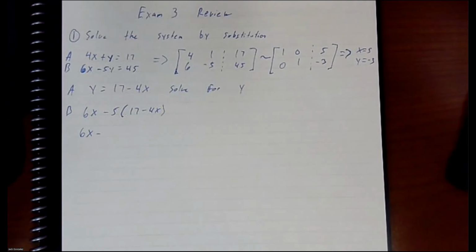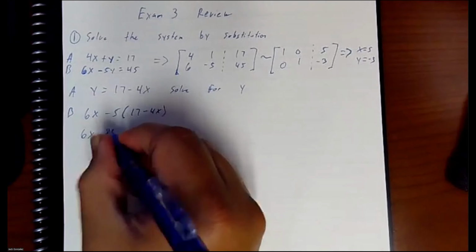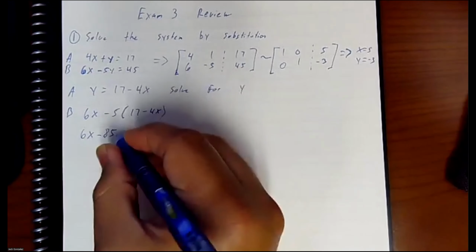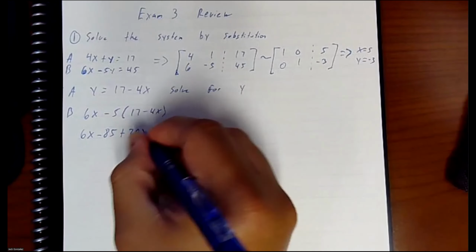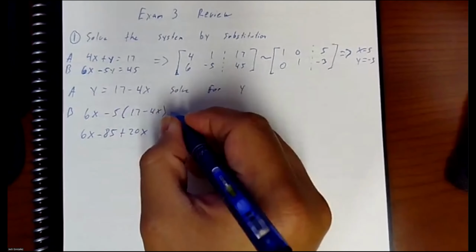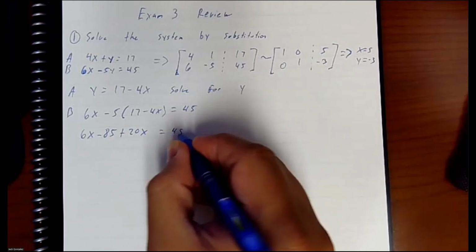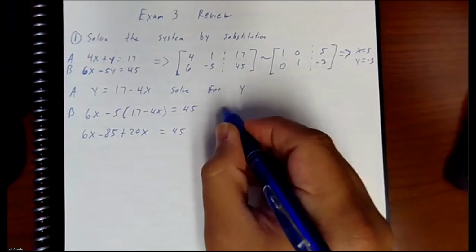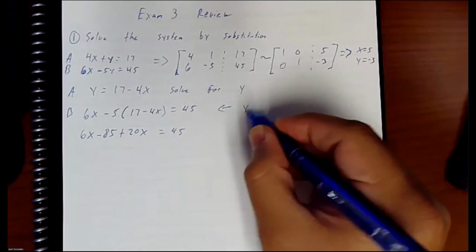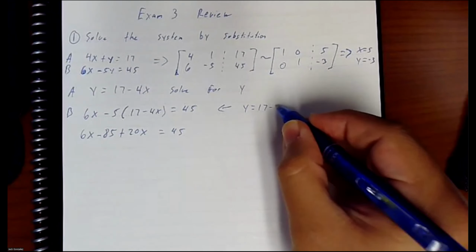Let's see. Yes, 85. Thanks. 85. -5 times -4 is positive. And it was equal to, I forgot to write, 45, right? So right here, we said that y is equal to 17 minus 4x.